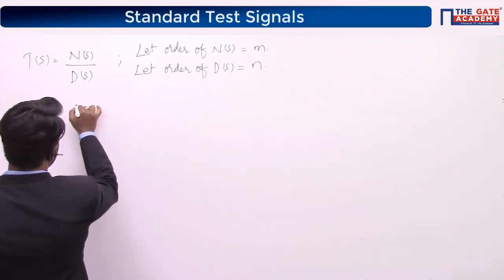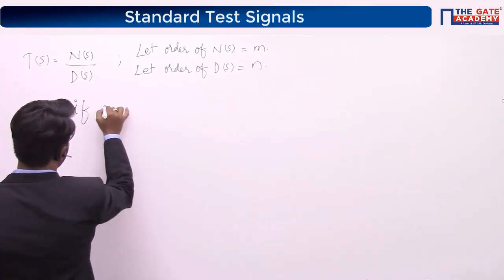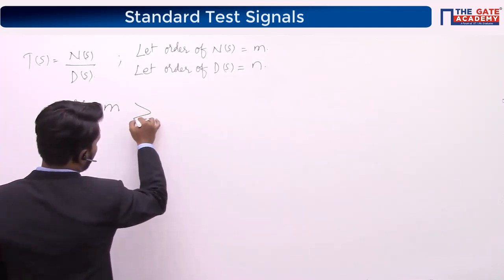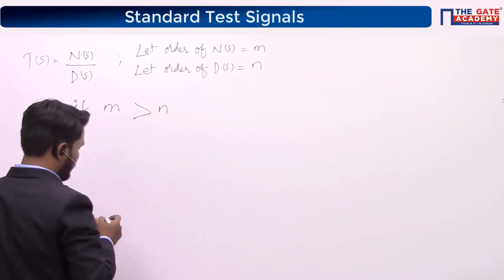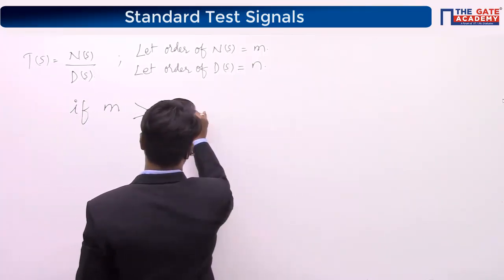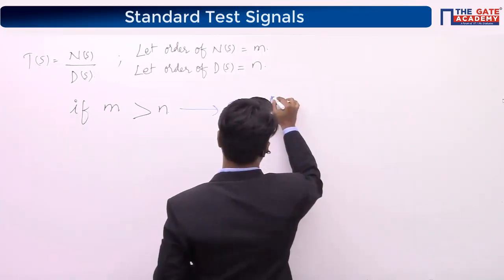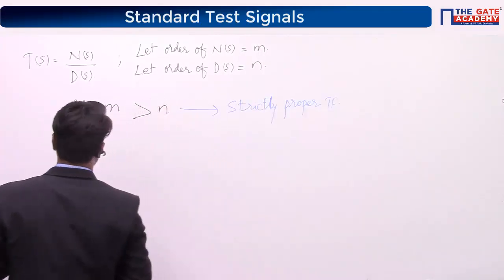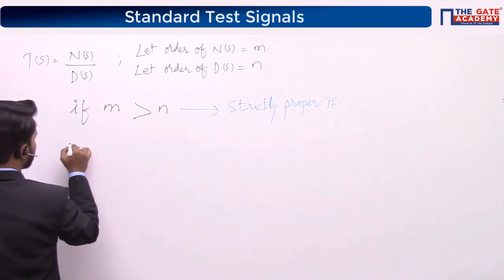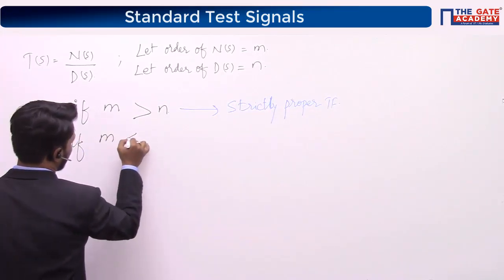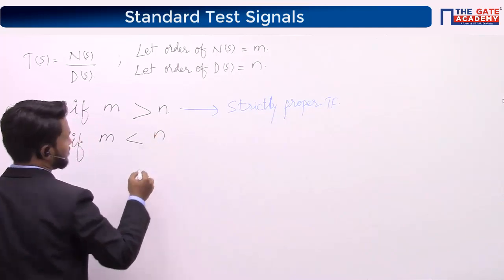So if M is less than N, then such a system is called a strictly proper transfer function.